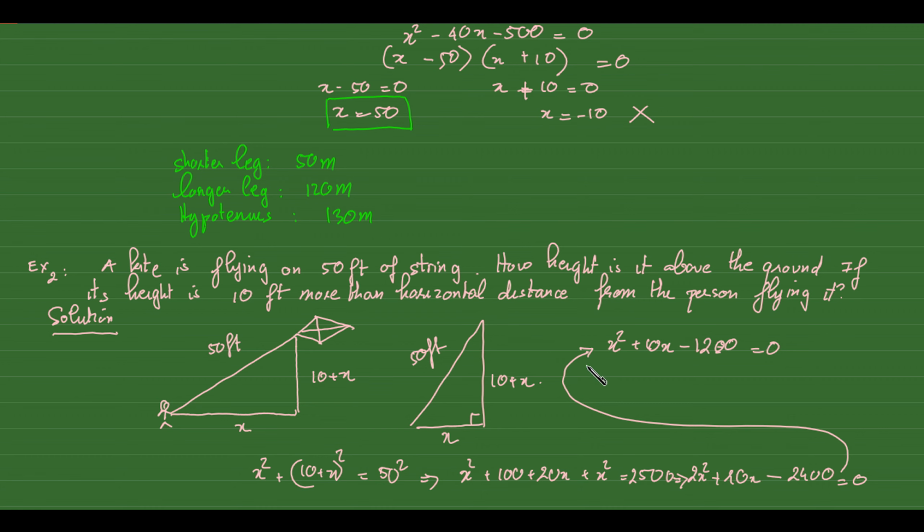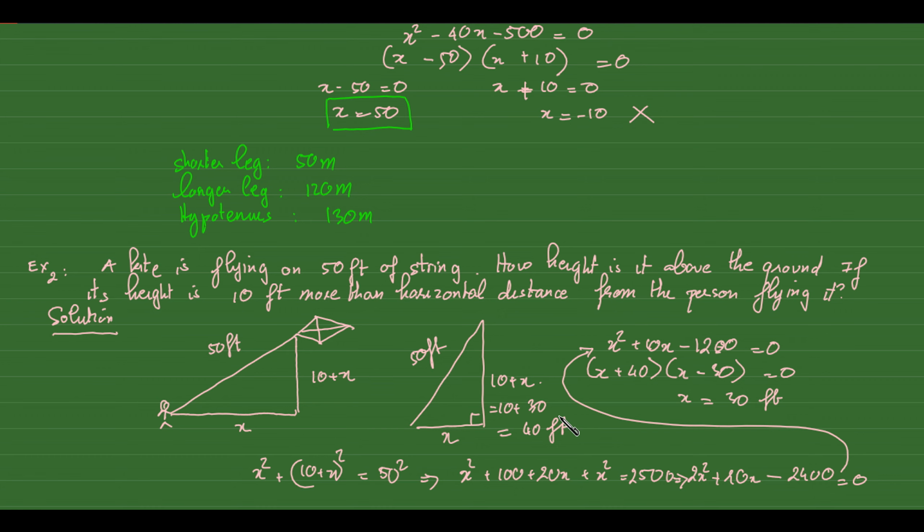This one I can factor: (x plus 40)(x minus 30) equals 0. So one of them should be eliminated, and you have x equals 30 feet. Then this over here must be 10 plus 30, equal to 40 feet. And that's it.